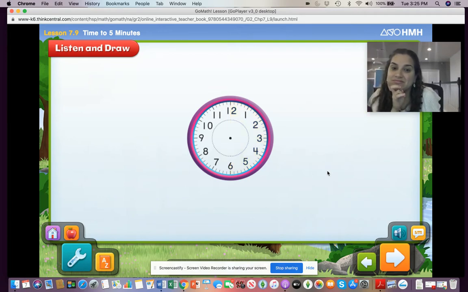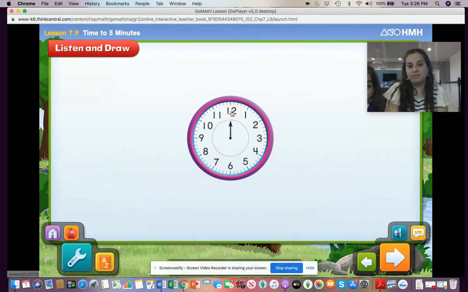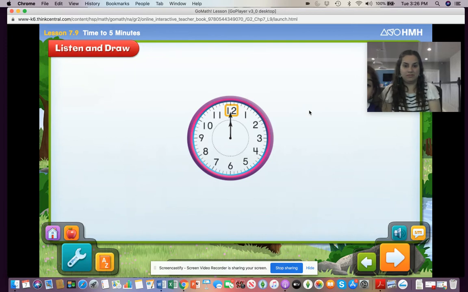Sophia eats lunch at 12 o'clock. Place the hour hand on this clock to show 12 o'clock. The hour hand points to the 12. Now place the minute hand to show 12 o'clock. The minute hand also points to the 12 to show 12 o'clock. No minutes have passed since 12 o'clock. The clock shows 12 o'clock.